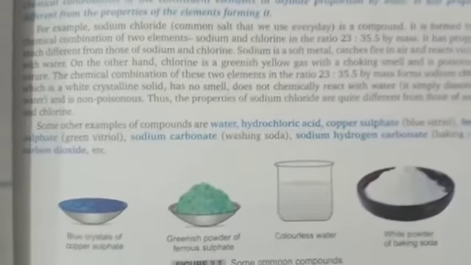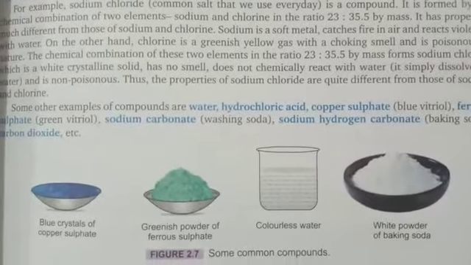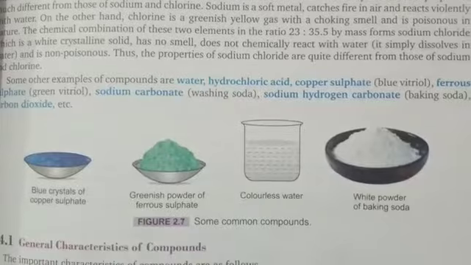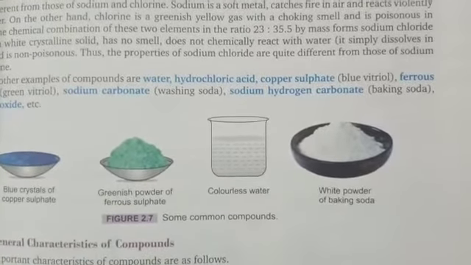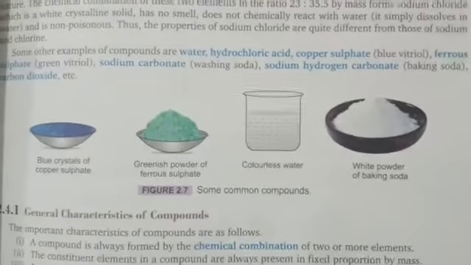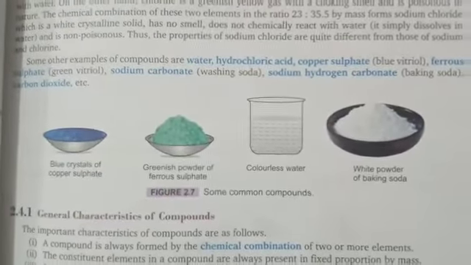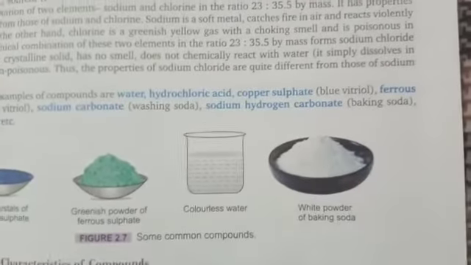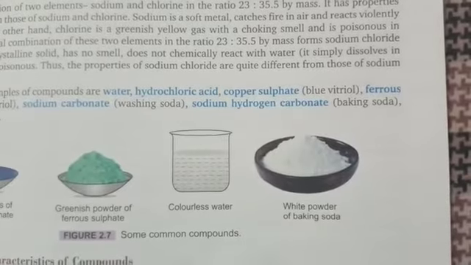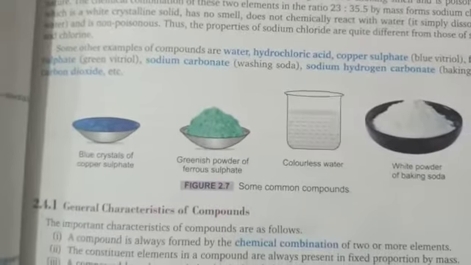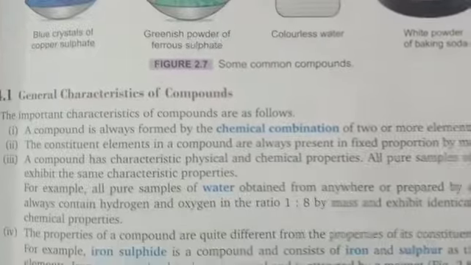Some other examples of compounds are water, hydrochloric acid, copper sulfate, blue vitriol, ferrous sulfate, also called green vitriol, sodium carbonate, washing soda, sodium hydrogen carbonate, baking soda, and carbon dioxide. These are all compounds.